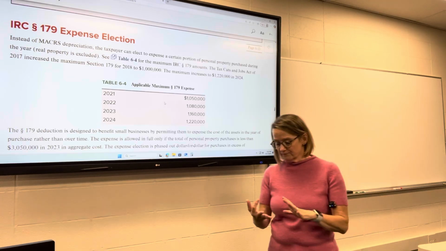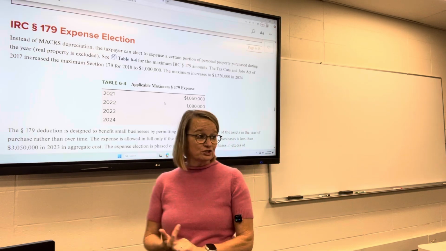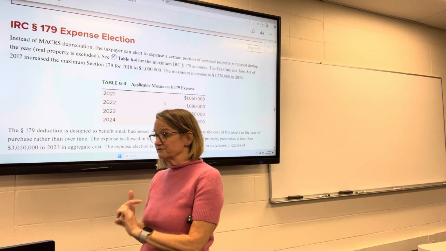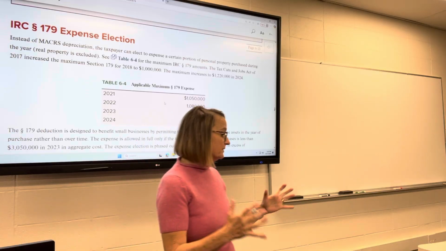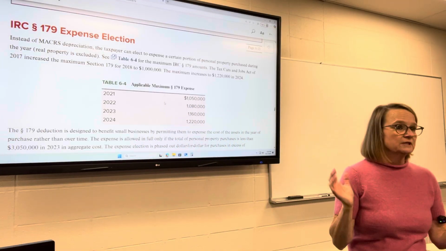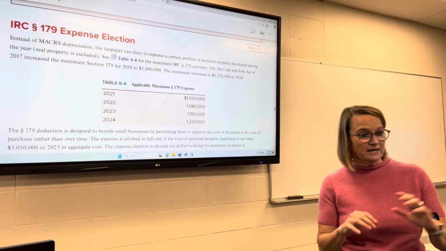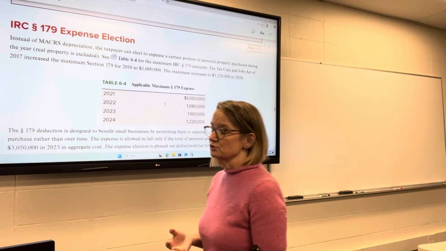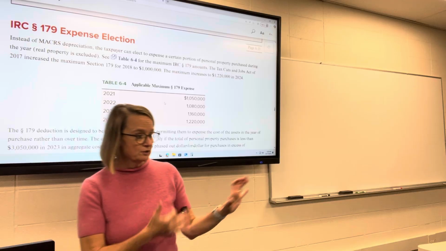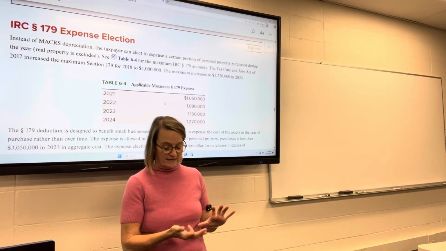Then we've got our convention that we have to determine, and that is the more complex part, the part that is a little bit foreign to those who are just getting introduced to tax depreciation.